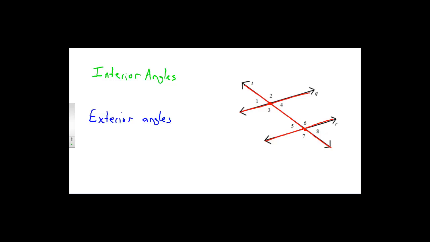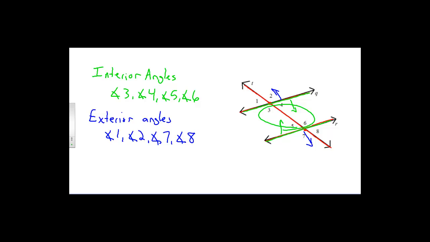The two angles on the interior of my two lines being intersected by the transversal are the 4 angles on the inside. So right in here, I have angles 3, 4, 5, and 6. Well, if that's what it means to be on the interior, it should be no surprise that the exterior would be the 4 angles to the outside of those two lines. So that's angles 1, 2, 7, and 8.